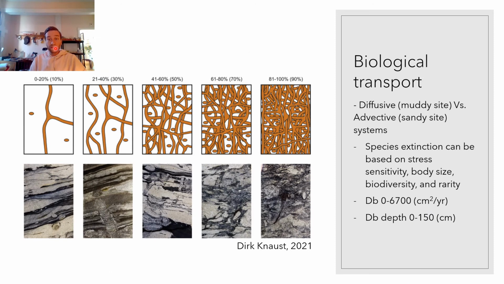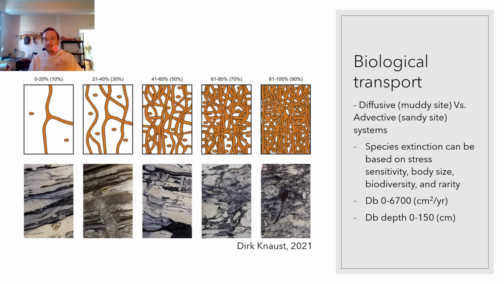Then we have biological transport, a major component. When I did sensitivity analysis for my diagenetic model, the impacts on transport obviously were the most sensitive as opposed to chemical reaction rates.